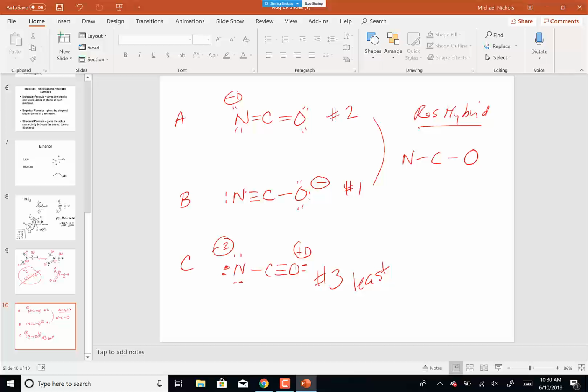So if I was to write the resonance hybrid, I'm going to start with single bonds. I'm going to average charges and average the bonds. So starting with nitrogen, what is its charge going to be?